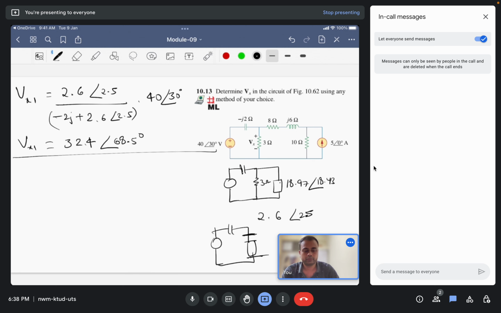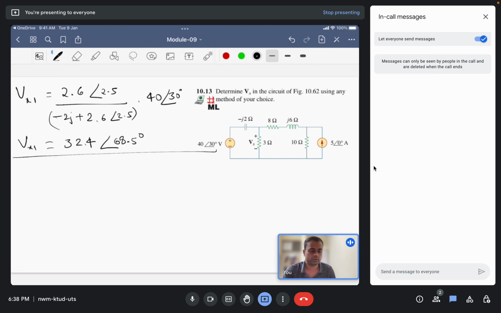Similarly, we have to calculate for Vx2, that is because of the current source. So in this case, we'll short circuit the voltage source. So short circuiting this will result in a circuit looking like this.